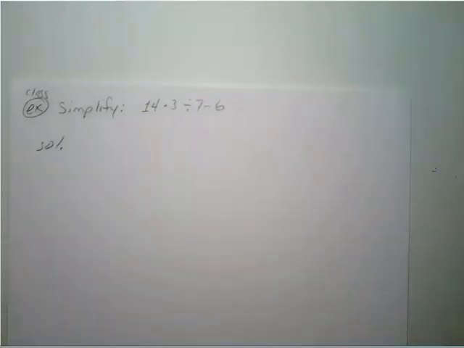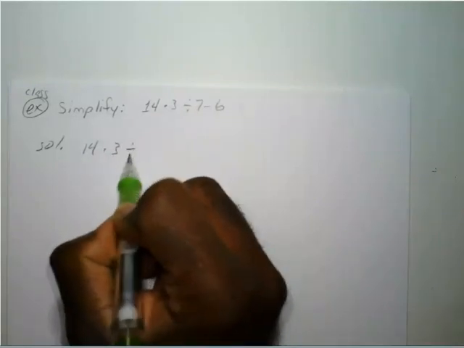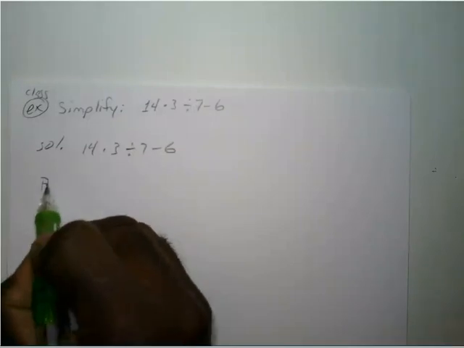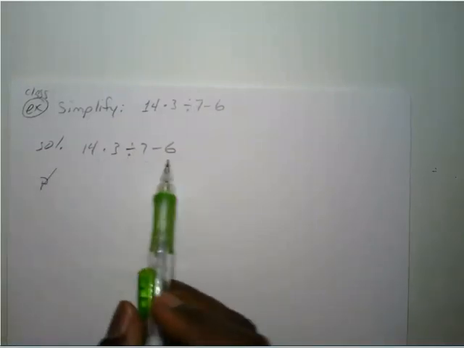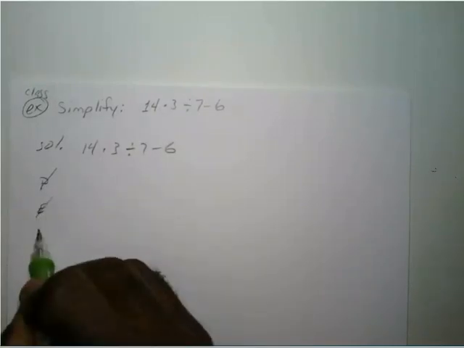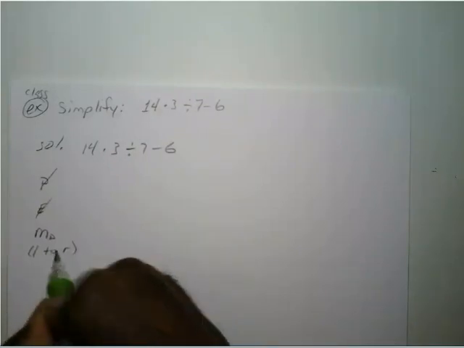Let's go ahead and finish this one. You have 14 times 3 divided by 7 minus 6. So once again, no parentheses, so we can skip that one. We don't have any exponents, so we can skip that one. Now we go to our multiplication and division from left to right. That's important.